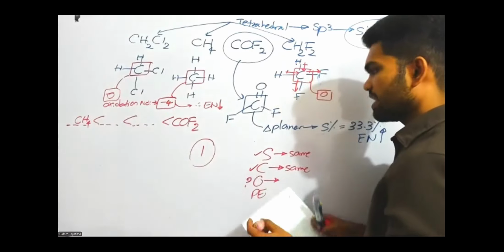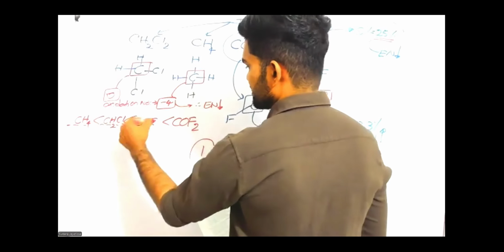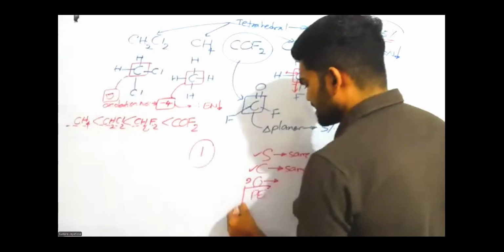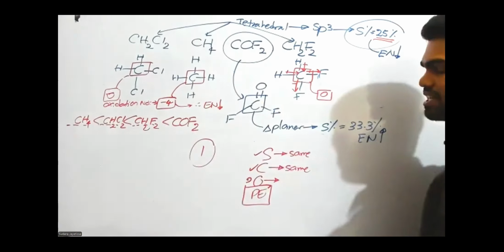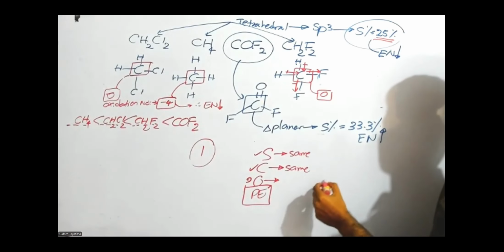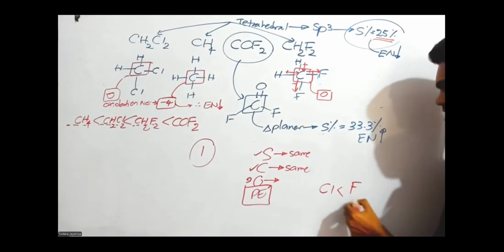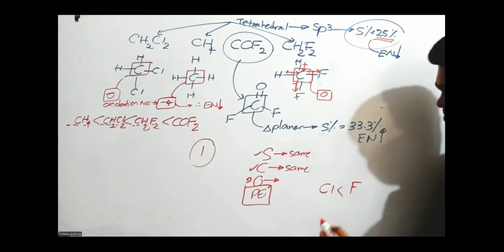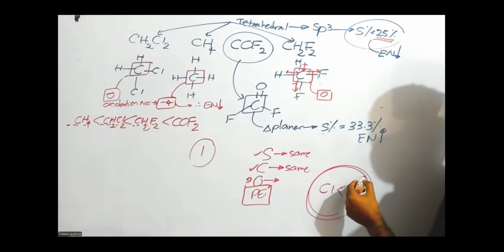Answer 1. And then according to answer 1, CH2Cl2 is there and CH2F2 is there. That is decided by assessing the peripheral atom electronegativity because their oxidation numbers are the same. The only difference is chlorine and fluorine as peripheral atoms. Fluorine is the more electronegative peripheral atom, so the central atom electronegativity will also be higher.